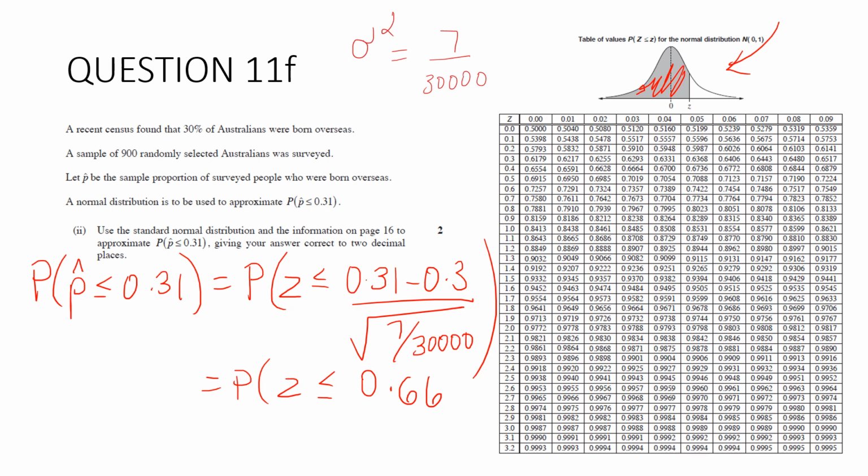Just going to read off the table. So there's 0.6 there, and the second decimal place is there. So if we come across, we are going to get this number here, which is 0.7454. So this is approximately equal to 0.74 to 2 decimal places.